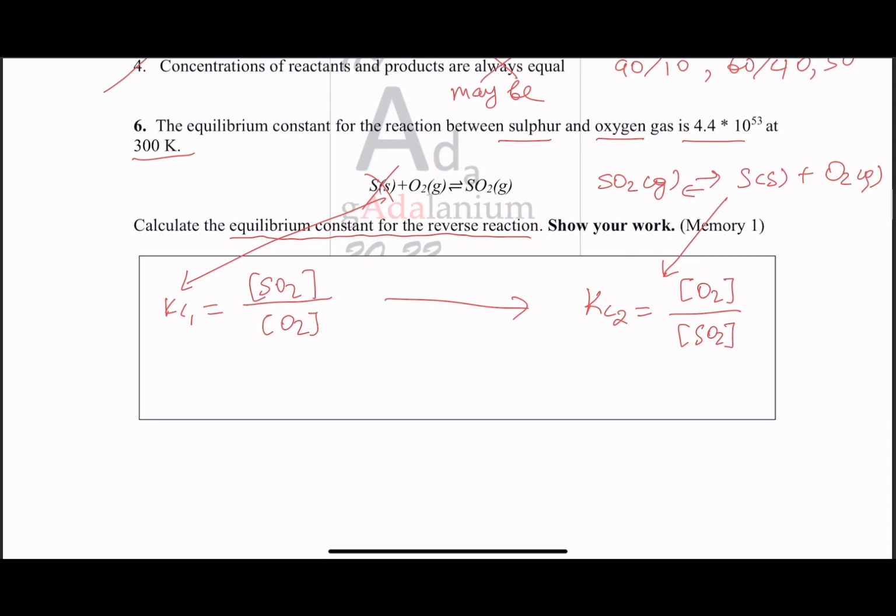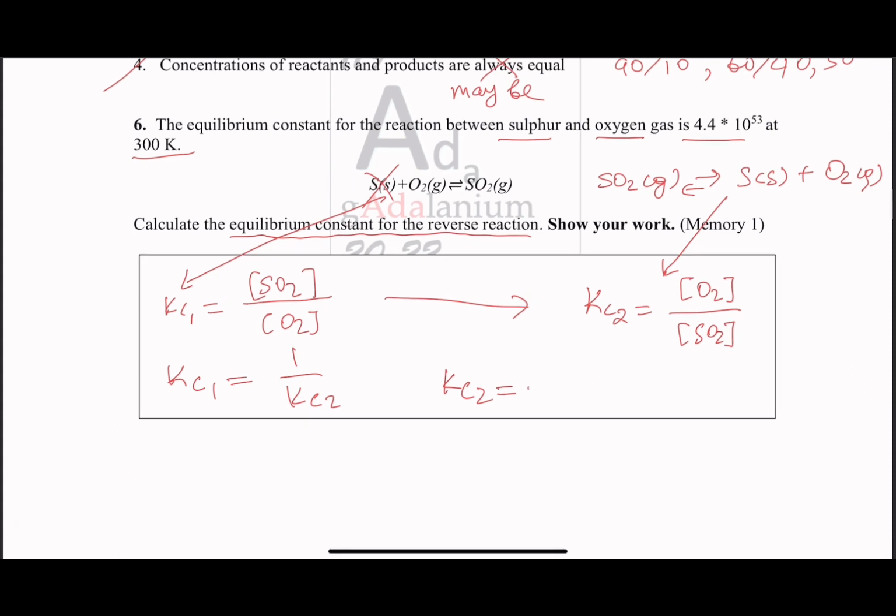As you can notice from here, Kc1 equals 1 over Kc2. Okay, so the inverse of the reaction is 1 over the Kc value. So from here we can say that Kc2 equals 1 over Kc1, which is this, right?